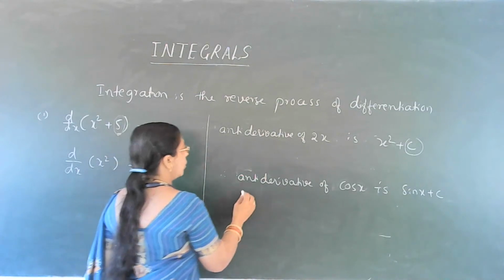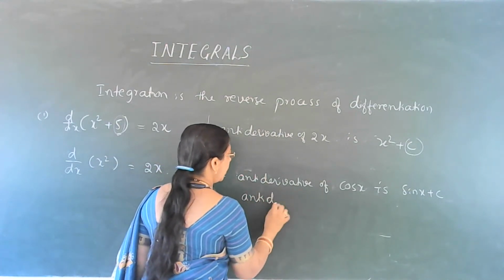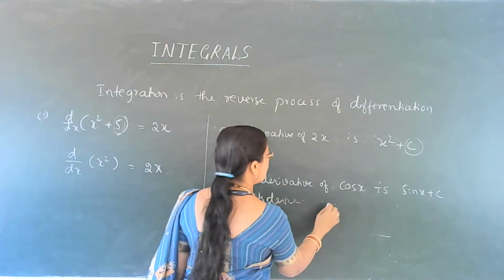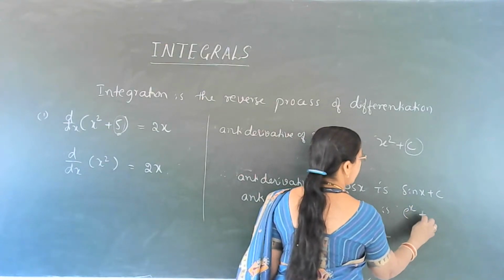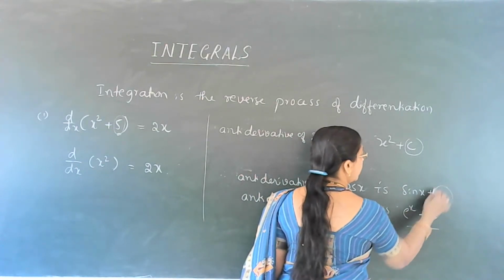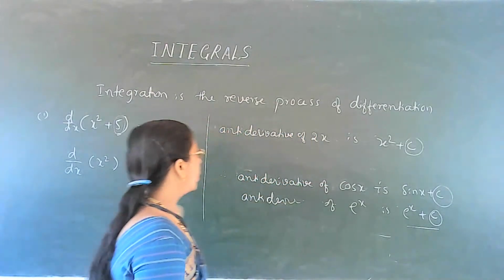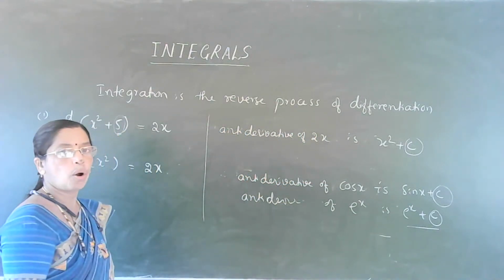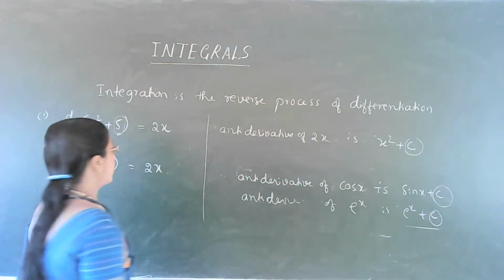Whether the constant is there or not, we should write it. The antiderivative of e to the power x is e to the power x plus c. We should always write c when writing the integration of indefinite functions.